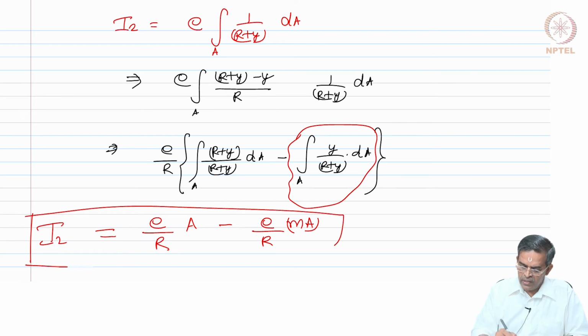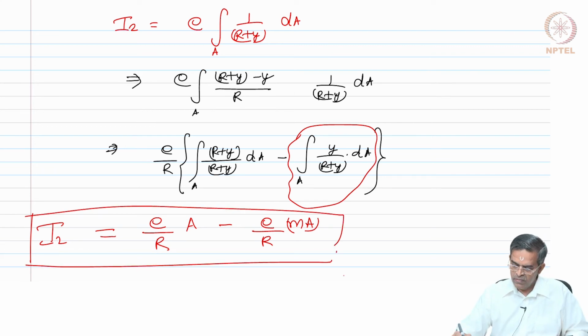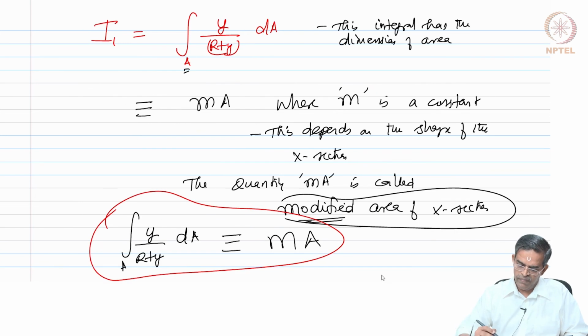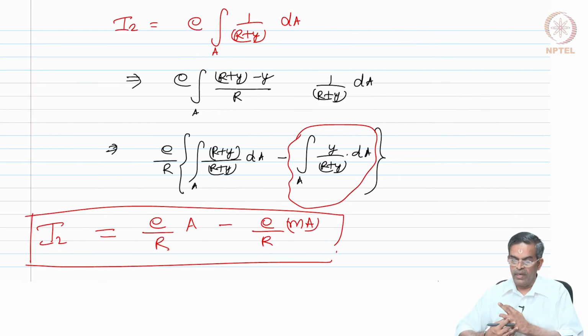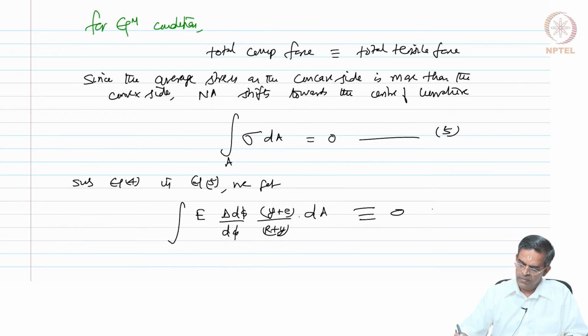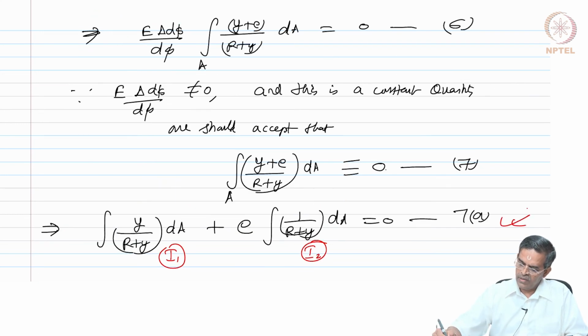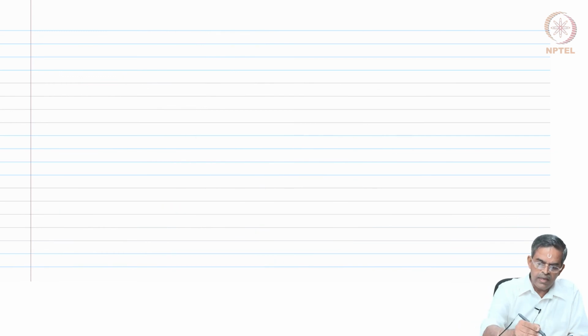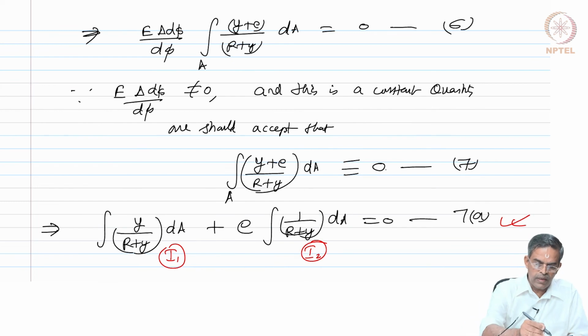So, I have both the integrals now. Integral 1, which is simply MA, and integral 2 also I have. Now, can I substitute and write equation 7 again? Let us rewrite. I will copy these equations better.